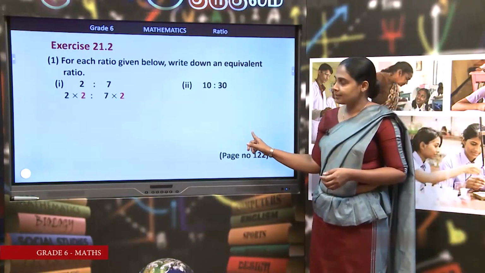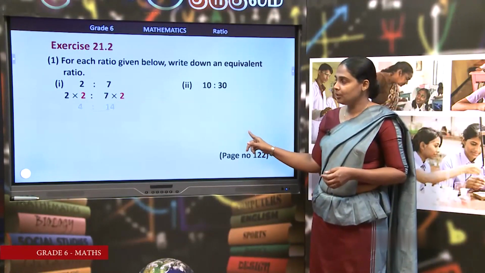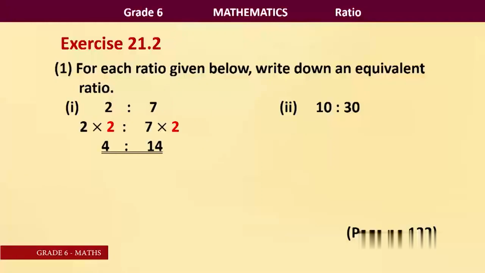My answer: I multiplied by 2, then the equivalent ratio is 4 to 14. But your answer may be different because I multiplied by 2. You can multiply by 3, 4 or 5 or any number. Then 10 to 30 are divisible, they are divided by 10. Then the answer becomes 1 to 3. It is the simplest form because 1 and 3 are not divisible more.